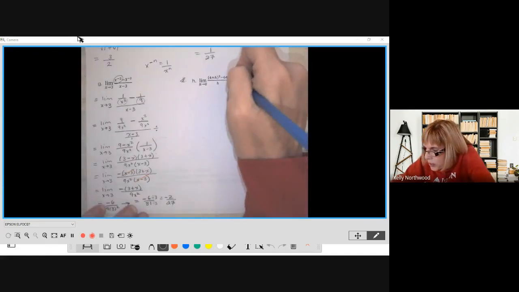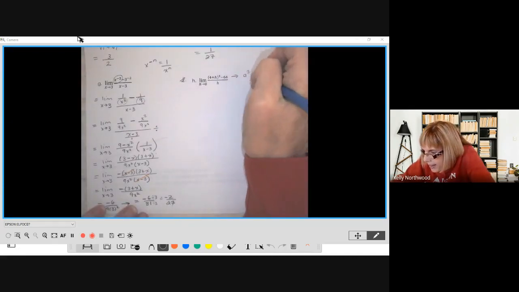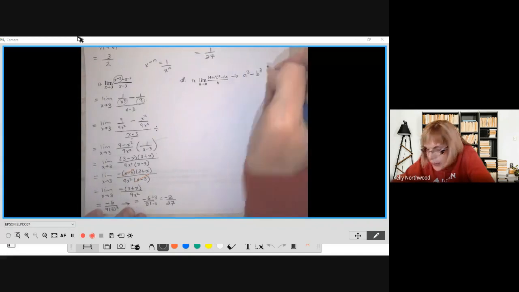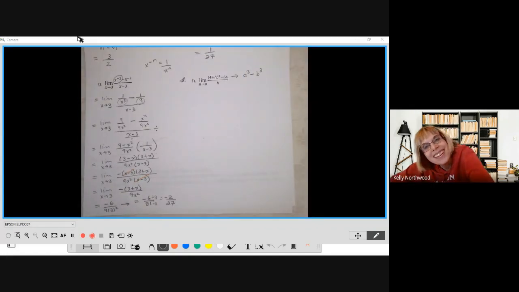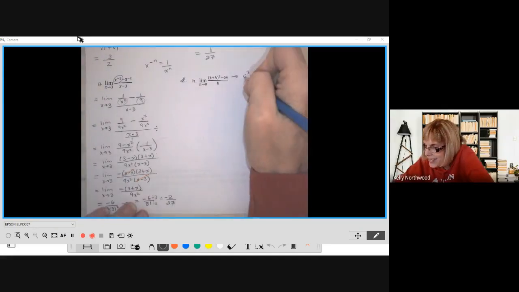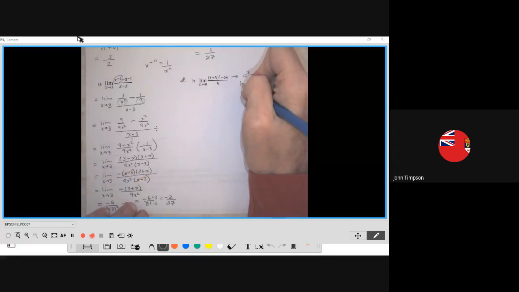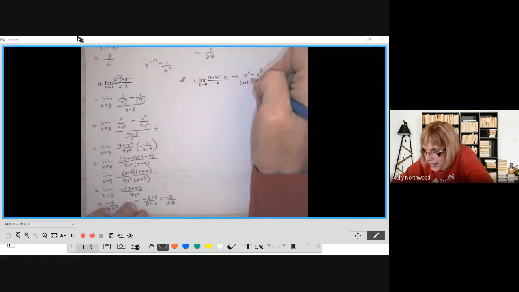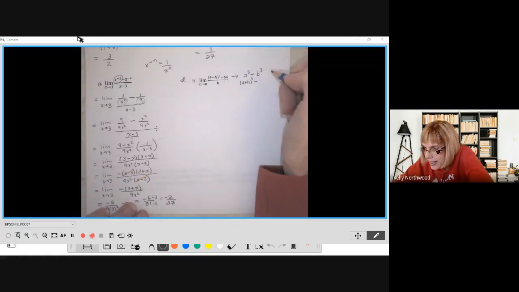If I told you the numerator was a difference of cubes, would you believe me? Yes. We trust you. We believe you. A would be 4 plus H. Everybody good there? And B would be what number?